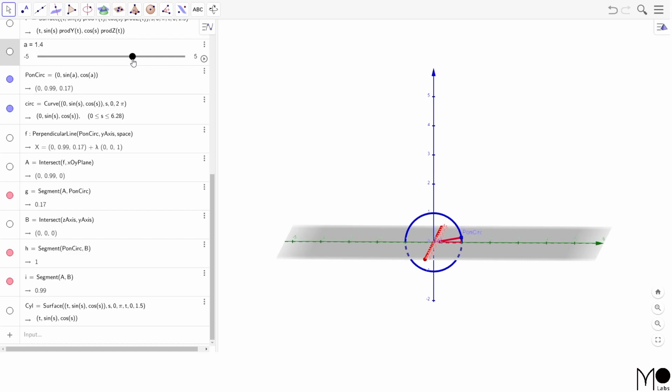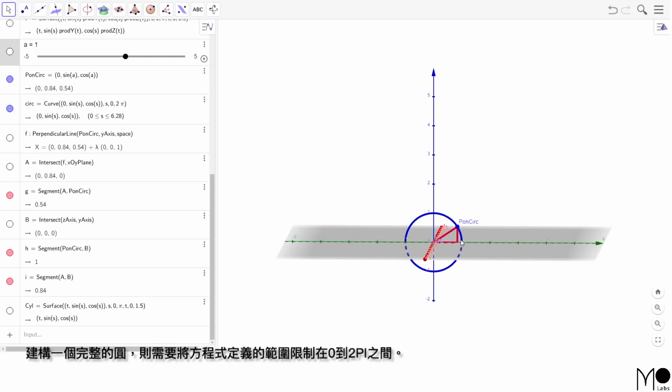And to obtain the whole circle, if you remember the angles in the radian system, you go from 0 to 2 pi. So if I want to have the whole circle, then I use this formula from up here, but for s, I let s run from 0 to 2 pi. Okay.